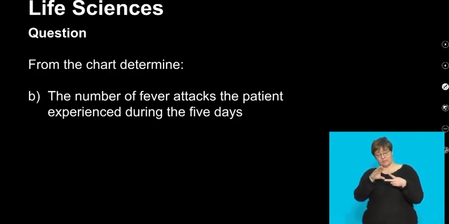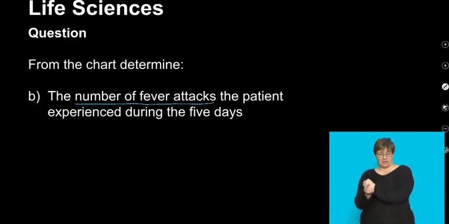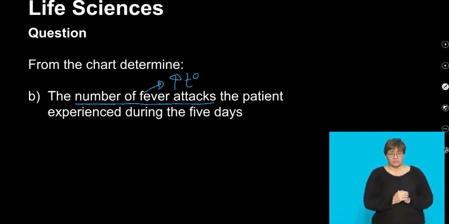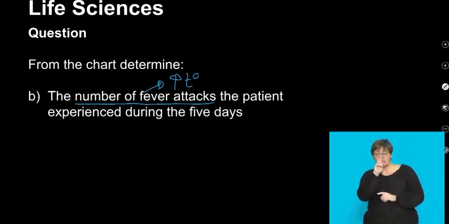The next question was the number of fever attacks the patient experienced during the 5 days. And what is a fever attack? A fever attack is when our temperature rises above body temperature. So we're looking for spikes in the temperature, and we want to see how many spikes there are.